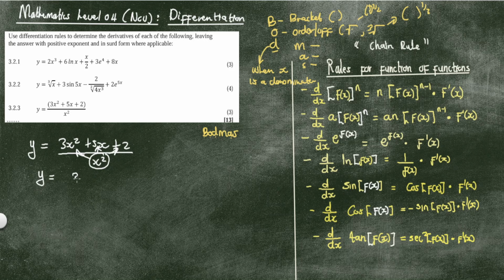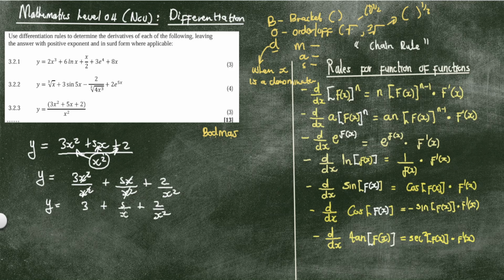So you have 3x squared over x squared plus 5x over x squared plus 2 over x squared. Then we simplify further. This divides that, so we get 3. The x's cancel, leaving 5 over x plus 2 over x squared.